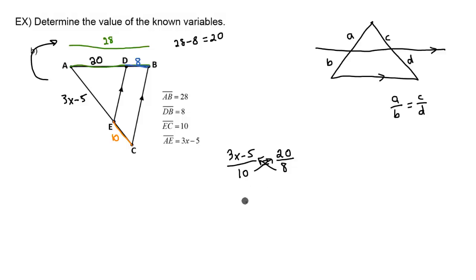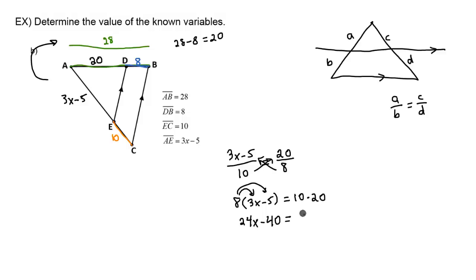So I take 8 and I distribute that with 3x minus 5, all right? I'll do that in my next step, but I'll just set it up for now. And then 10 times 20, that goes on this side. Now here's where I want to actually distribute. 8 times 3 is 24, and that has an x with it. 8 times negative 5 is negative 40, so we write minus 40.